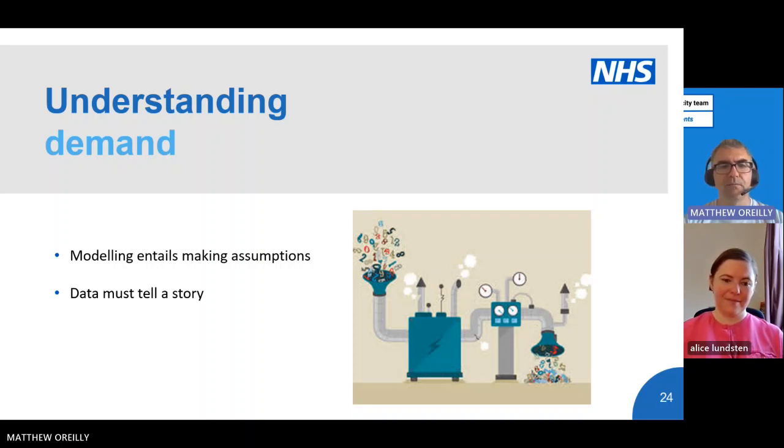And the data must tell a story about that team or that service. Collaboration with key colleagues is crucial to help tell the story, and I think that goes back to what Alice talked about earlier, that actually the end goal is to create a model that is representative of the service.